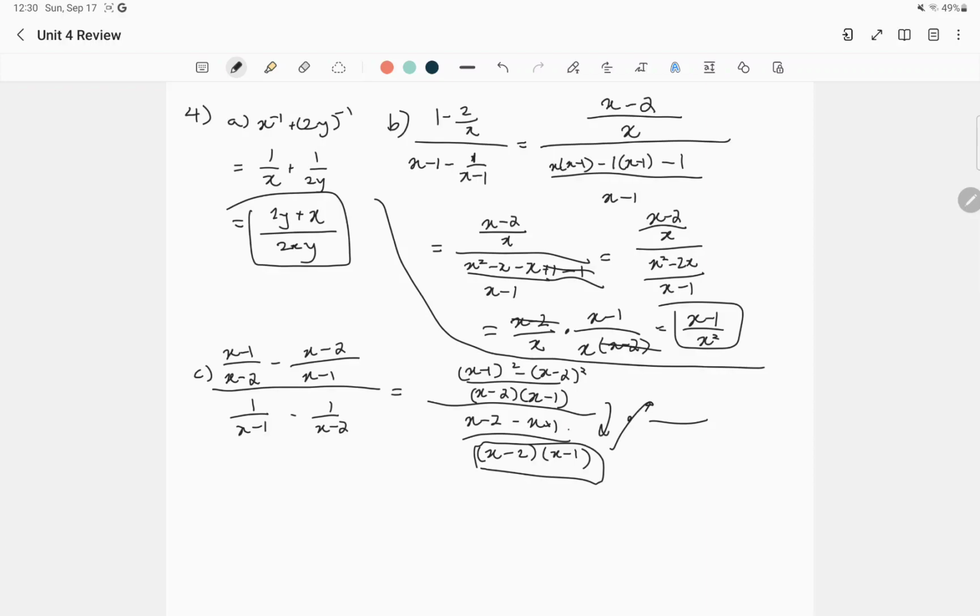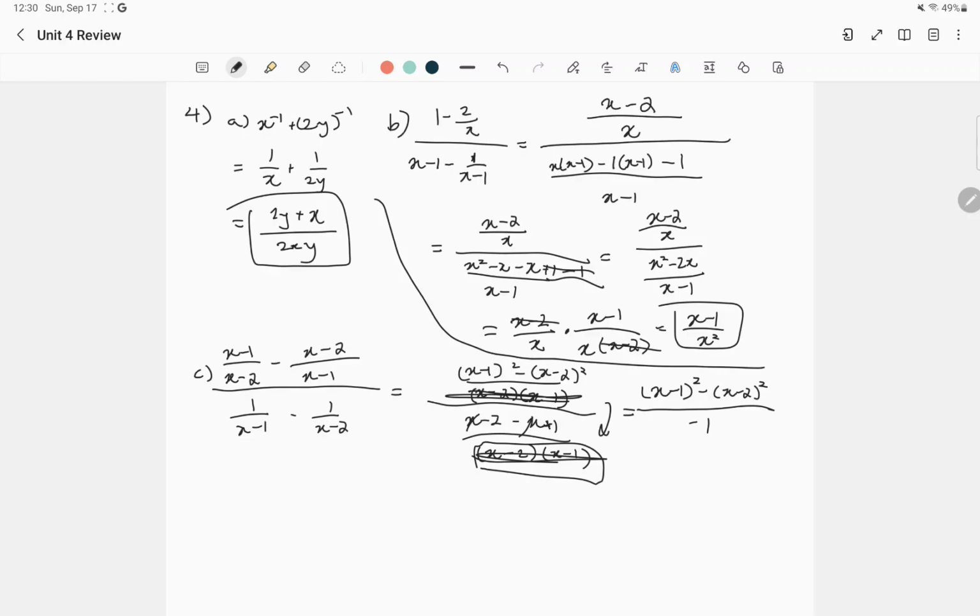And then this top part ends up being on the bottom when we multiply it. So starting from here, we can cancel this and cancel this. So this is going to give us x minus 1 squared minus x minus 2 squared over, these x's cancel out, this plus 1 and this minus 1 right there.